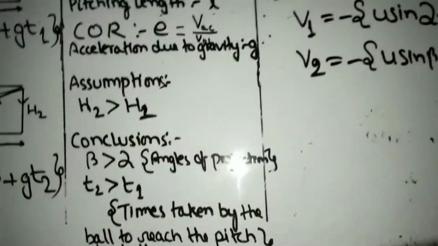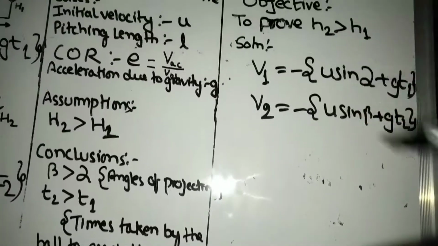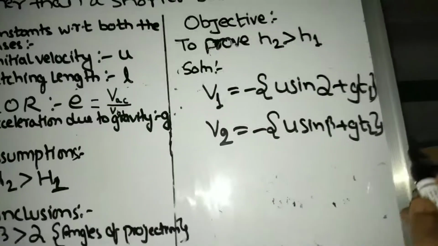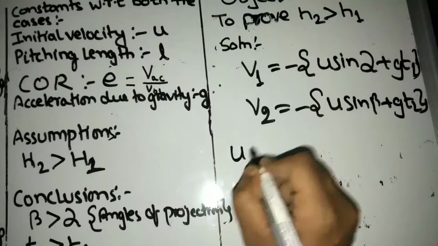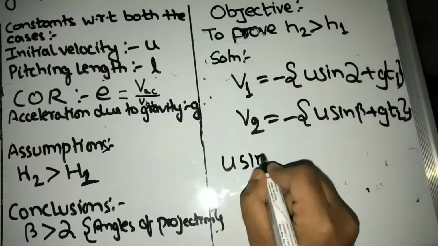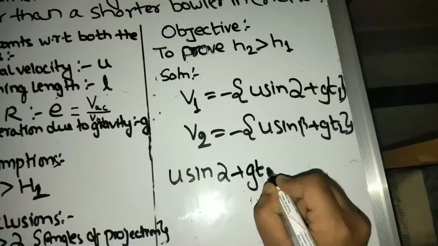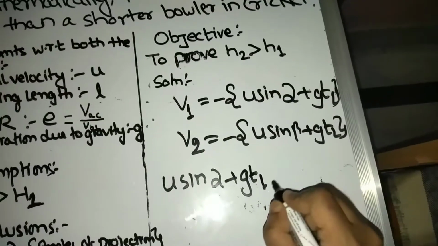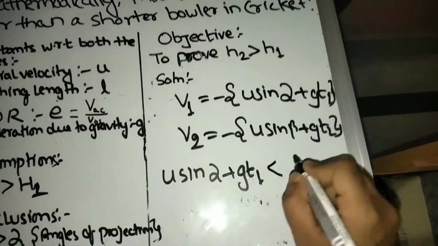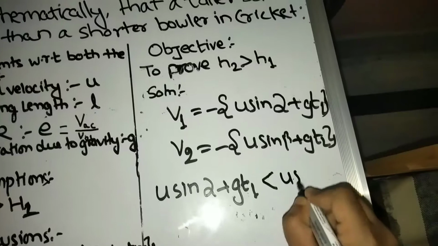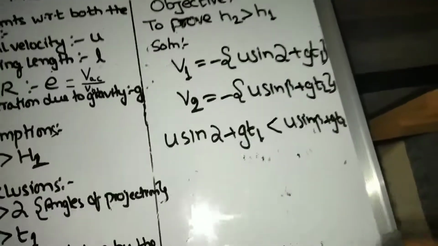Now when we compare the magnitude of these velocities, we are going to ignore this negative sign. We see that u sin alpha plus g t1 is smaller than u sin beta plus g t2. How?